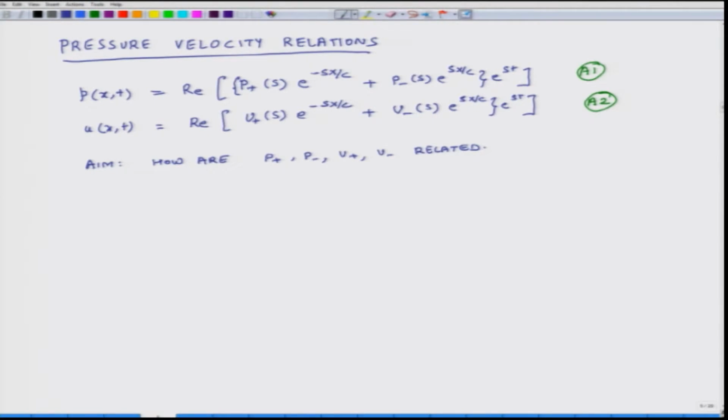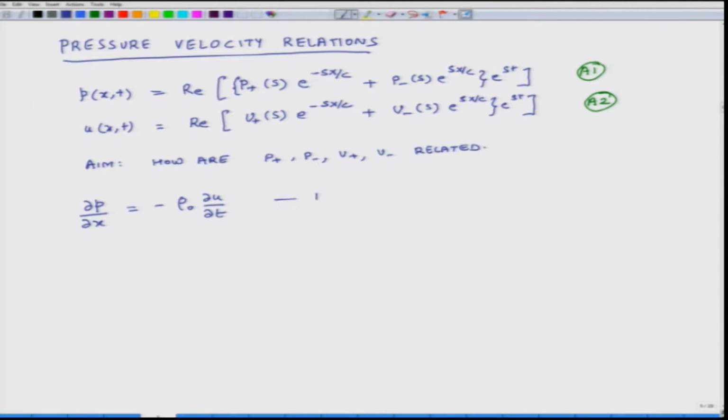To figure that out, we go back to the momentum equation, and the momentum equation says partial of pressure with respect to x equals negative of density at STP conditions times partial of u with respect to time.